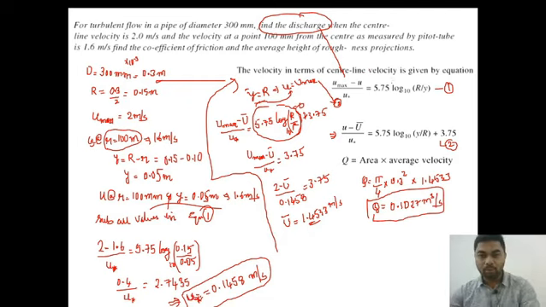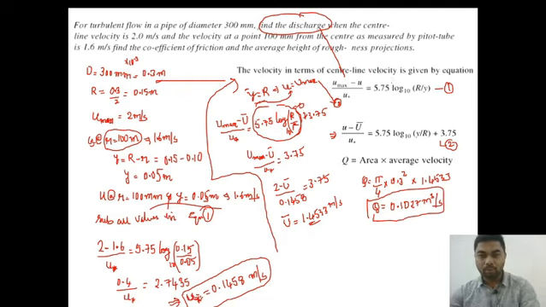Log 0.15 by k is equal to 3.5355 minus 1.74, whole divided by 2.